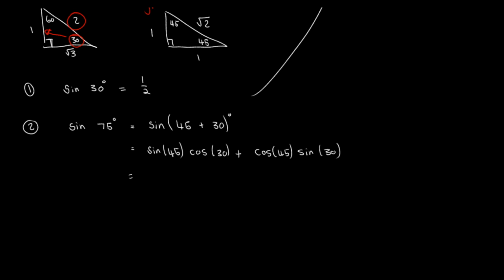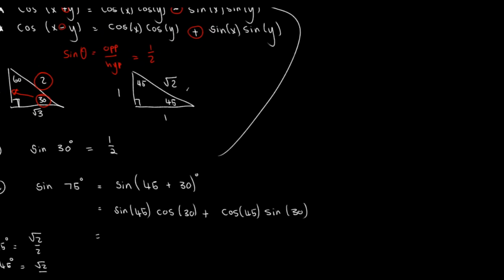So for sine of 45, if I can give you a little tip: sine 45 and cosine 45, I've already proved this in one of my previous trigonometry videos, so you can just go watch it. You obviously have to understand the ratios before you can do identities. So cosine 45 and sine 45 would always be square root 2 over 2. Always. I can quickly do it over here.